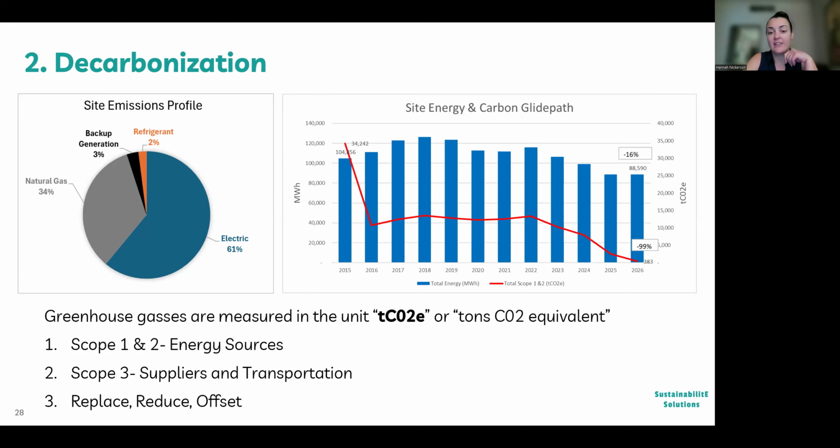And so in 2016, the site actually started purchasing renewable energy credits for its electricity. So all of those emissions went straight to zero. What was left was the natural gas, backup generation, and refrigerant. And you can see that that red line follows more closely the actual total energy use. It's more of a one-to-one quantity in terms of emissions to fuel source.